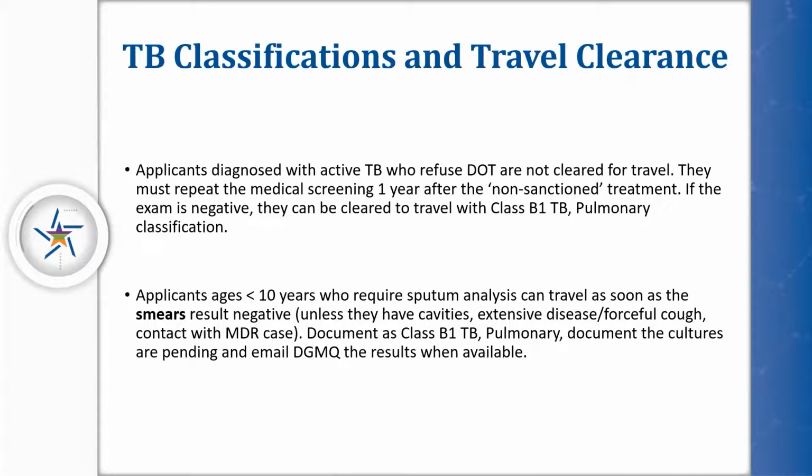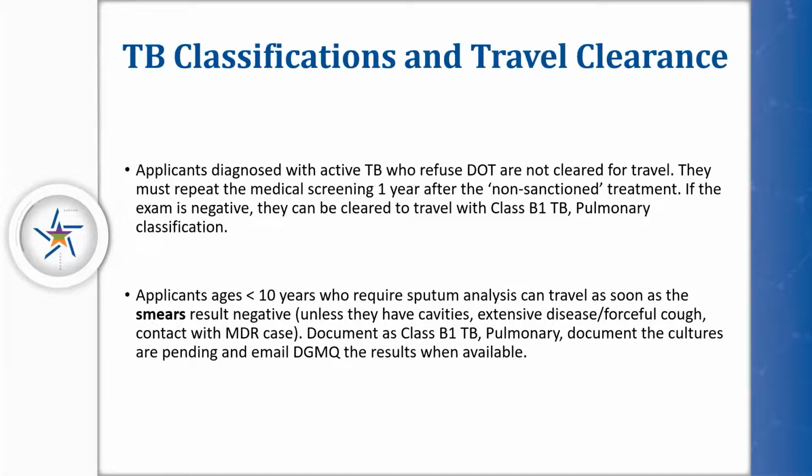But if they're less than 10 and you are doing your physical exam, you're doing your history, you hear something and you do a chest x-ray and you see something, and these are all suggestive of TB, you can collect your specimens. But again, children less than 10 are generally less infectious. So if they're less than 10 and you get 3 smears negative, then you can let that child travel.